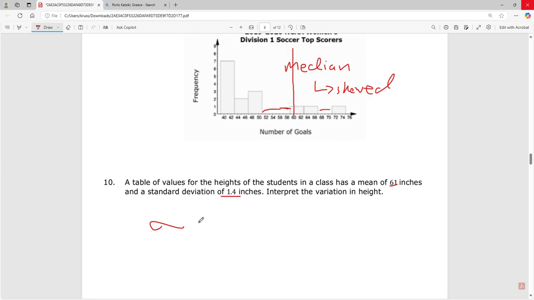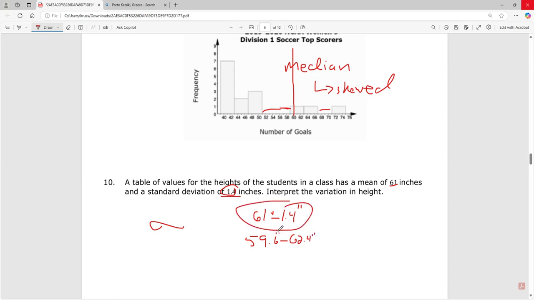Okay, so the average student's height range is 1.4 inches, right? So the mean, or the average, lies somewhere between 61 plus or minus 1.4 inches. So the range that gives you is 59.6 to 62.4 inches. So this is what the standard deviation is telling you.